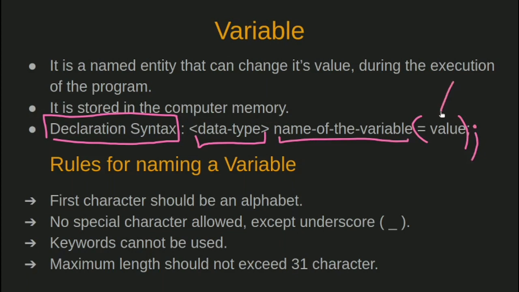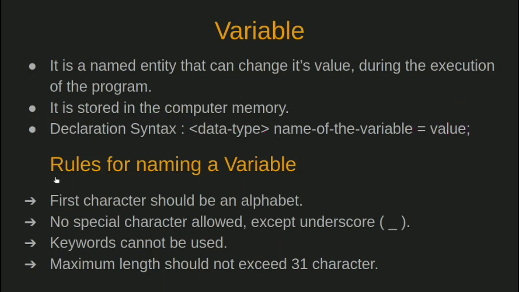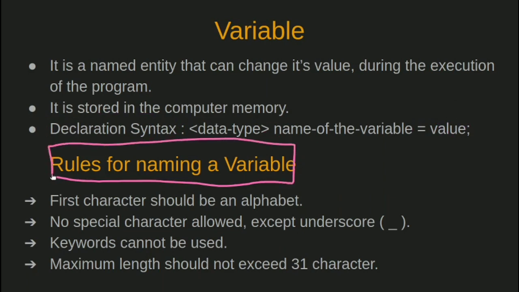You make use of this optional part when you know the value that the variable is going to hold, and in case you don't know the value that the variable is going to hold, just omit this optional part. Having said that, let us now look at the rules for naming a variable.